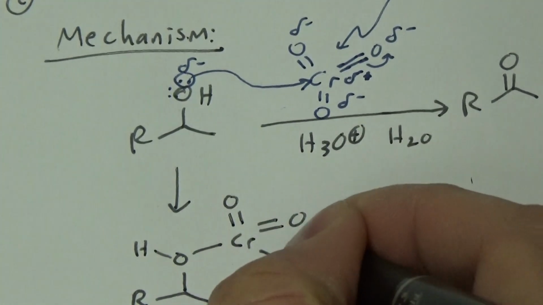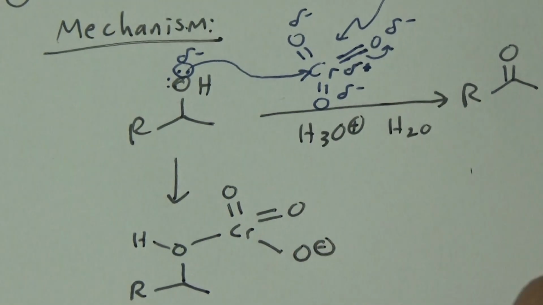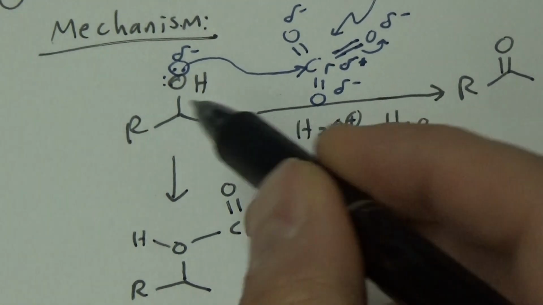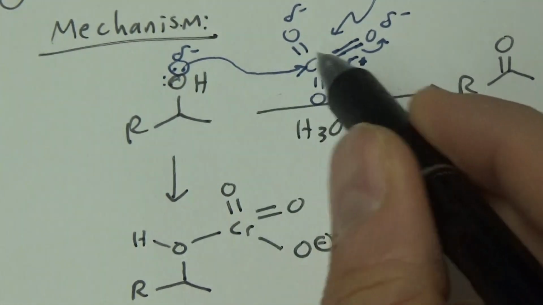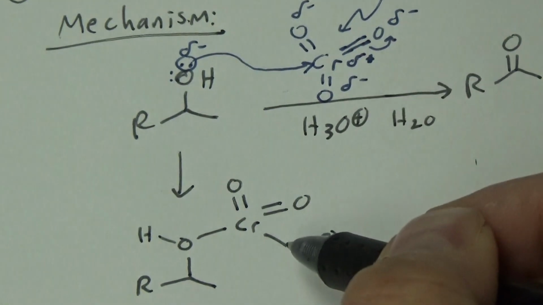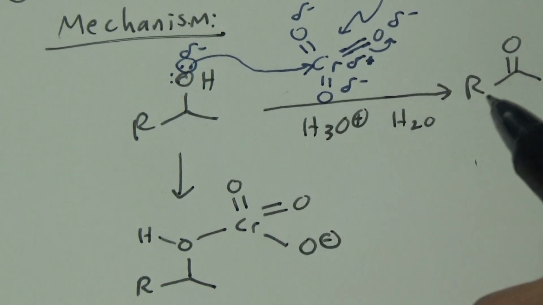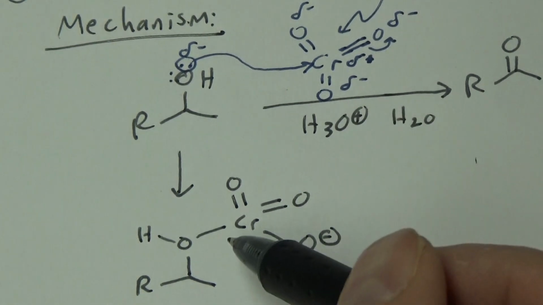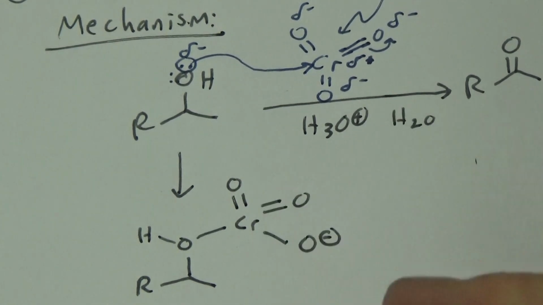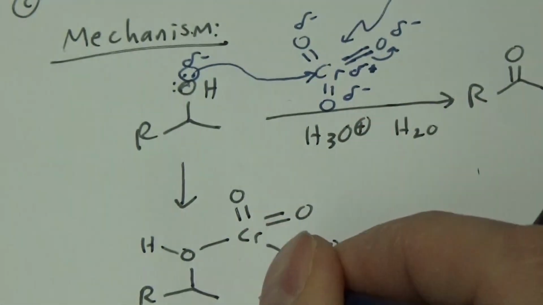And an O minus. Okay? Right? When this attacks, we still have two double bond O's and we have one O minus. What's the oxidation state of chromium now? It's still 6. 1, 2, 3, 4, 5, 6. So it's chromium 6 still.